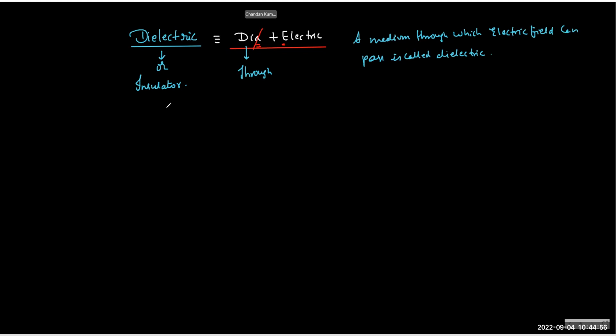A medium through which electric field can pass is called dielectric. And how do they allow the field to pass? Because they try to stop it but cannot stop it completely, as opposed to the conductor, which can completely oppose the field and cancel it in totality, and therefore we have zero electric field in the bulk of a conductor. There are two types of dielectric that we will come across.